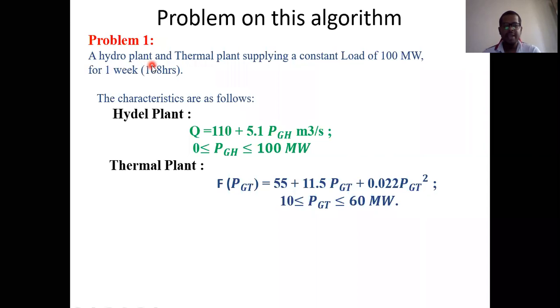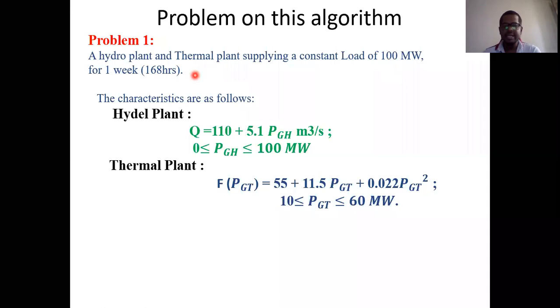A hydro plant and a thermal plant are supplying a constant load of 100 megawatts. So your load power is nothing but 100 megawatts. And the time is 1 week. If you convert this week into hours, we get 168 hours. It is given in this problem itself, 168 hours.